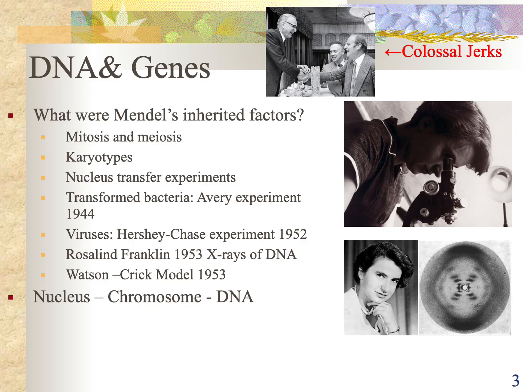And so this really nailed it that the inherited factors were in the nucleus, they were in the chromosomes, and they were the DNA that was in the chromosomes. Once we knew the structure, we could understand that DNA is probably the genetic material.